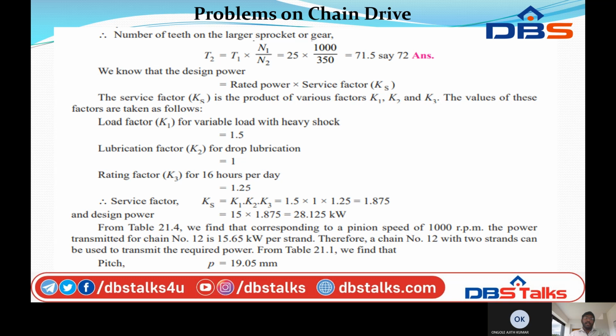So therefore, the number of teeth on the large sprocket or gear T2 is equal to T1 into N1 by N2. So we can calculate T2. T2 is equal to 25 into 1000 by 350, that is equal to 71.5. Then it will be rounded to 72. So T2 is equal to 72.